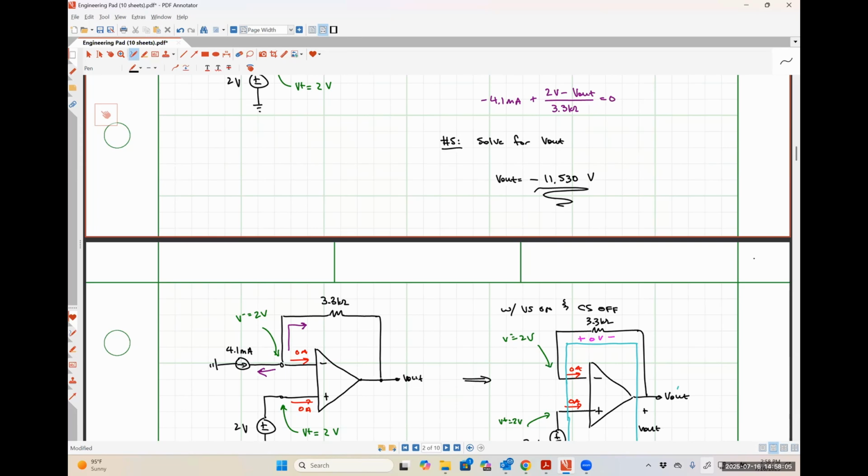Okay, so we're going to take a break from solving homework problems here, and I'm going to give you guys something that looks utterly terrifying, okay? This is the type of circuit that I like to put on your exam when I'm in a really bad mood when I'm making out the test.